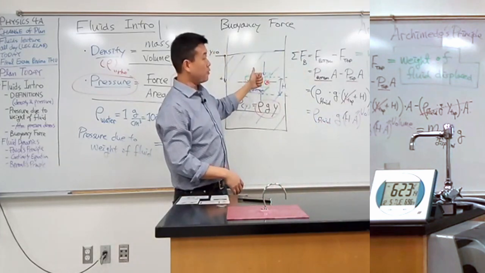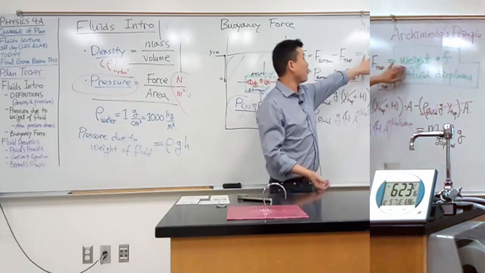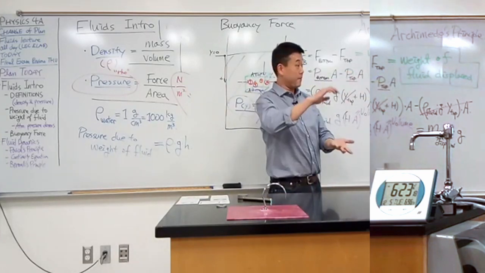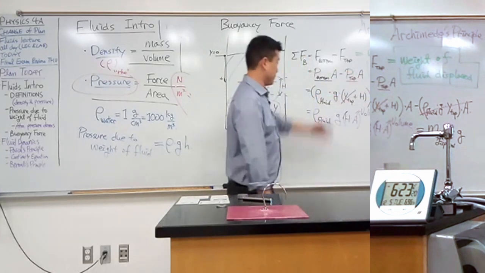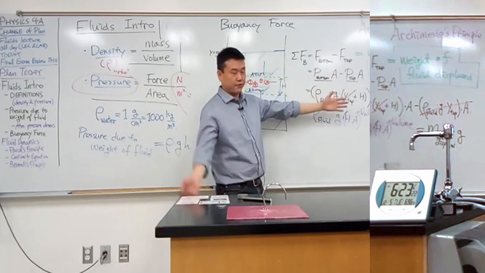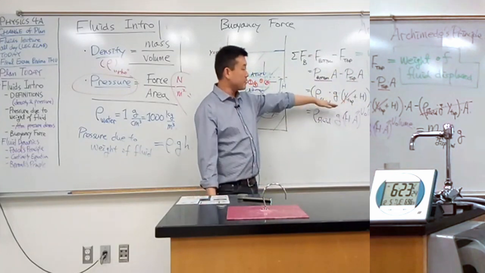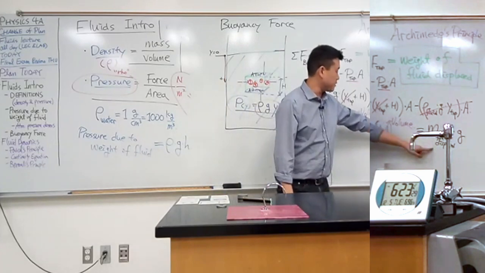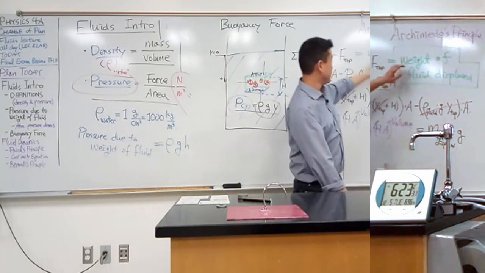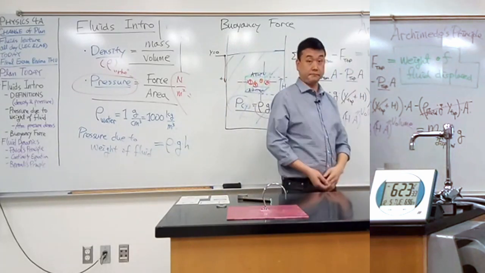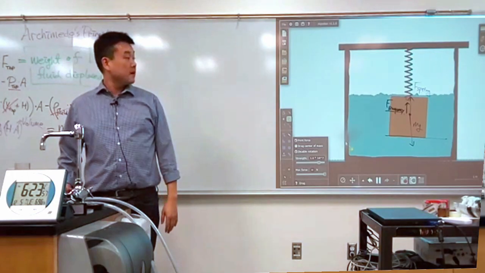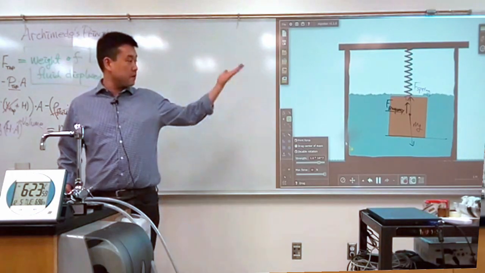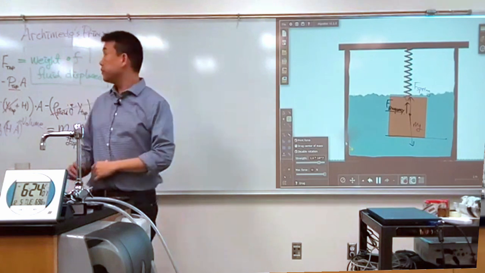And that upward force is equal to the weight of the fluid that would have been there. So this is the proof, using modern physics, that the net force is equal to the mass of the fluid displaced times g, which is this. So that's the force you get in this situation.